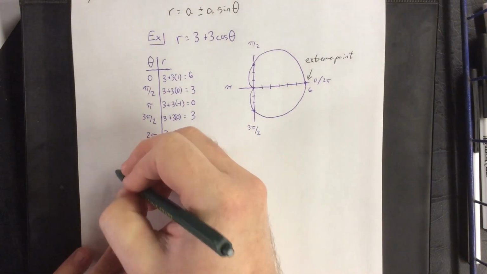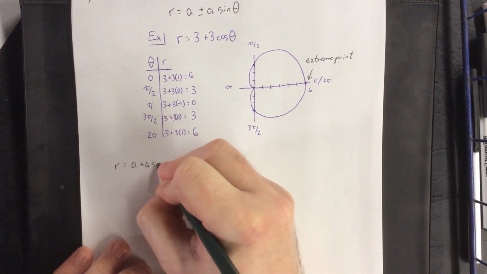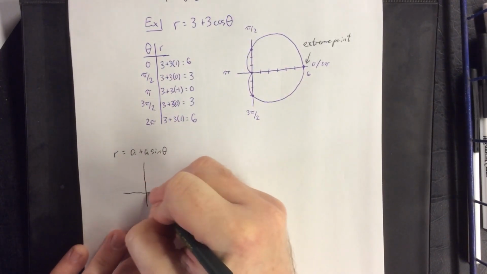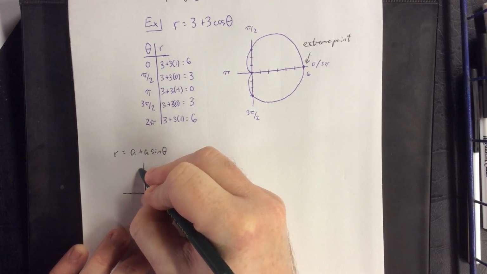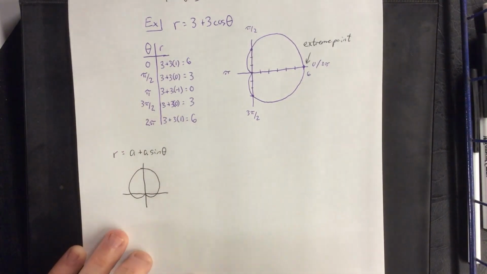That also lets me know that if I were working with r equals a plus a times the sine of theta, the extreme point would be in the upward direction. We would wind up with something that looks kind of like this for a cardioid.